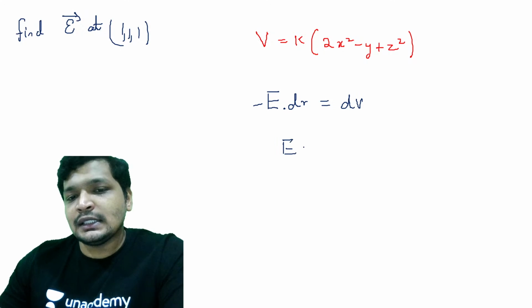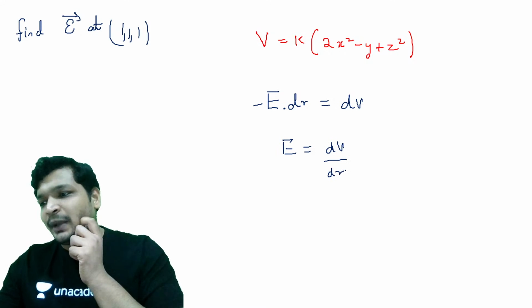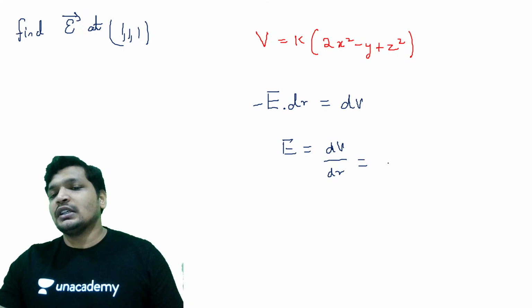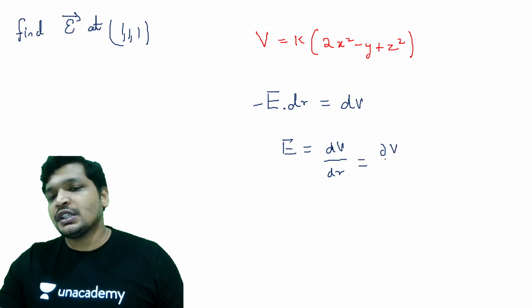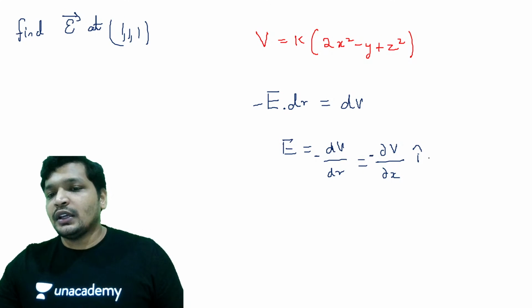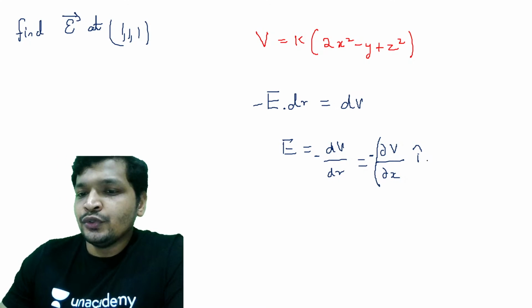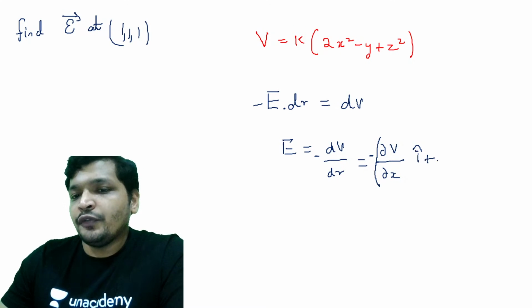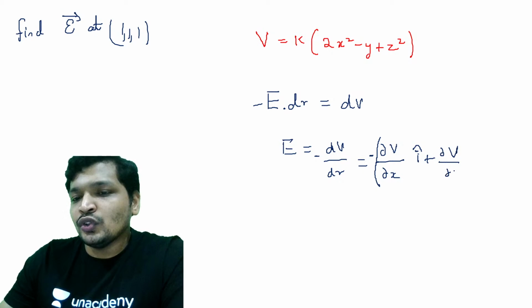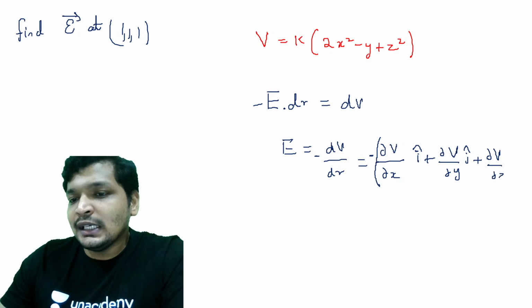So how do you define E? Like dV by dr. But what is dV by dr? dr exists in all space, so you would do a partial differentiation of V with respect to x, along I cap with a minus sign, plus del V by del y along j cap, plus del V by del z along k cap.